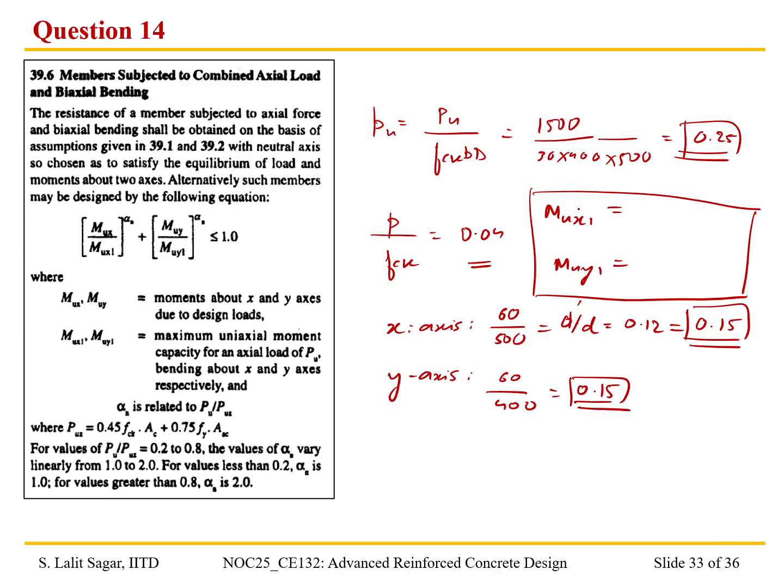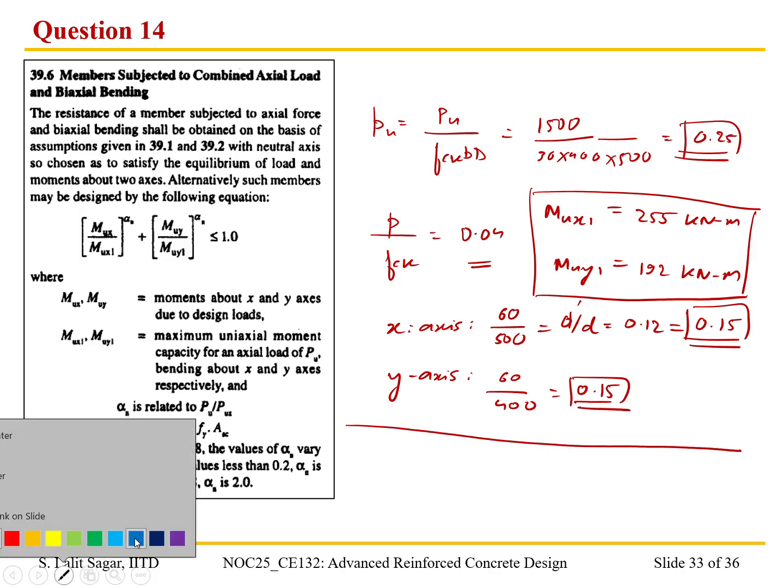The mu x1 is 255 kilonewton meter, and the mu y1 is 192 kilonewton meter, right? So from here we can proceed to find out the value of, I'll take a different color now just for clarity.